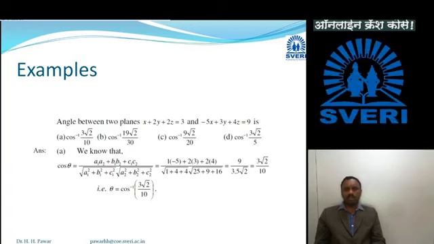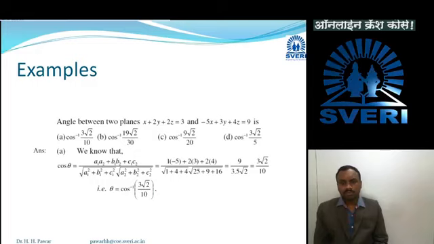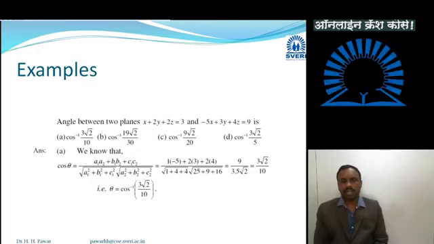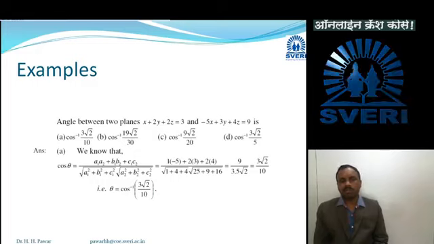That is, here a1, b1, c1 and a2, b2, c2 are the respective direction ratios of the given two planes. Here the values of a1, b1, c1 from the first plane are 1, 2, 2 and from the second plane are minus 5, 3, 4.